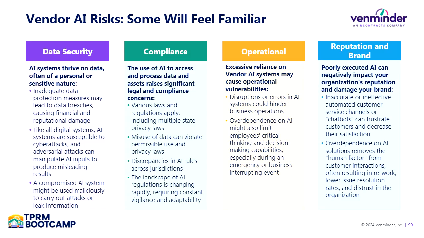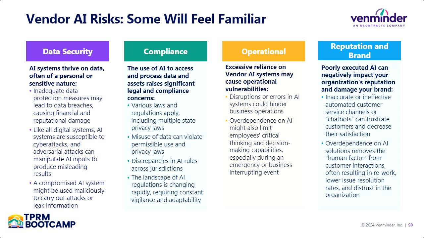Okay, so let's go through some of the specific risks that exist in AI. It's important to understand that some of these risks are going to feel pretty familiar, right? If you're doing third-party risk management, you might already be familiar with data security as a risk. But what's important about AI is that these systems require an immense amount of data to operate.